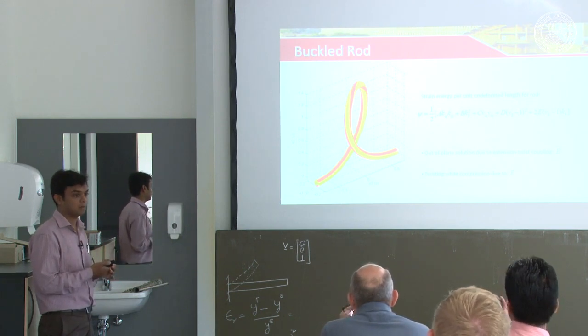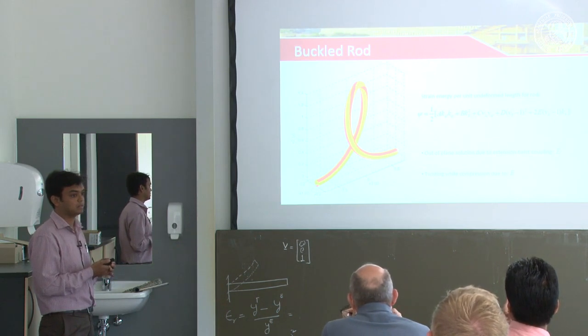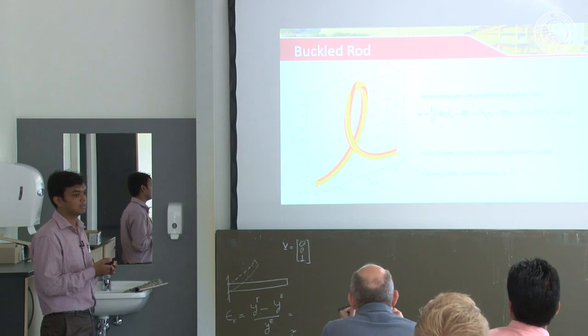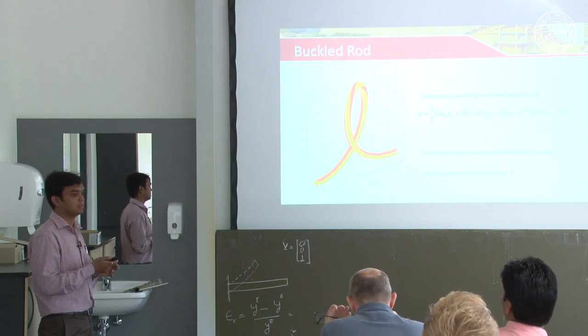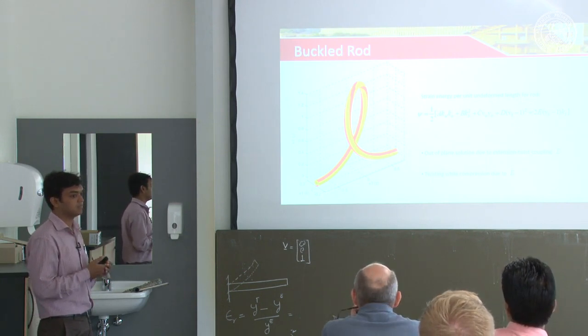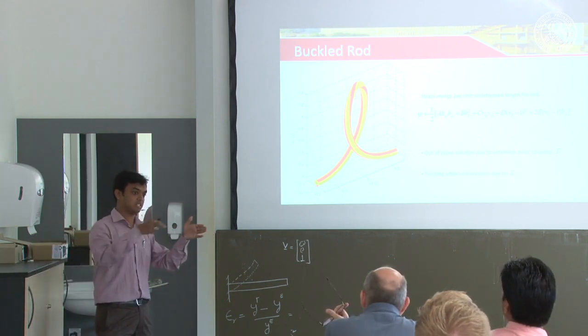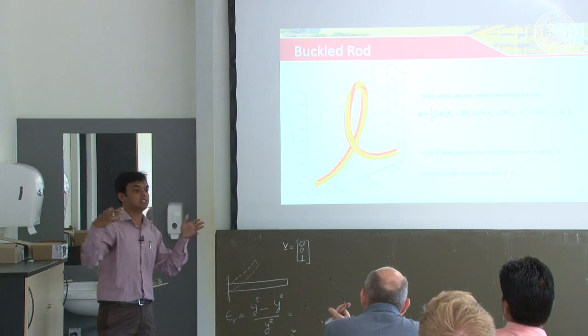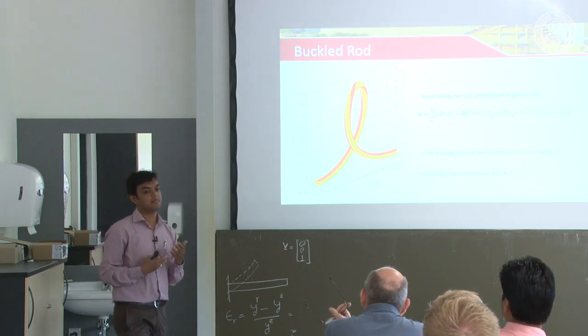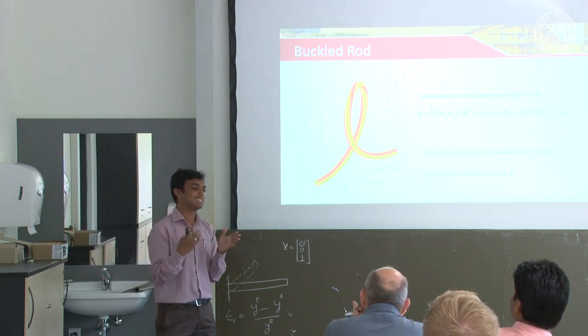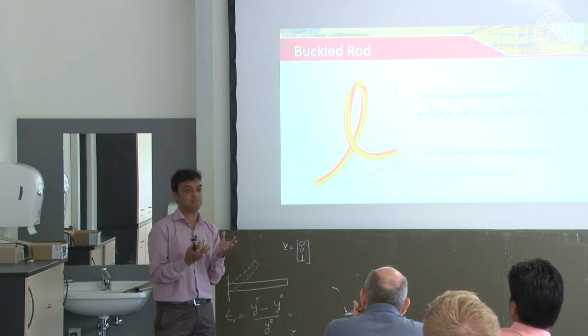Can you give some explanation why E comes here? What's the origin of this coupling E, the coupling between extension and twist? If the fibers of a rod are straight fibers, then there is no such effect.